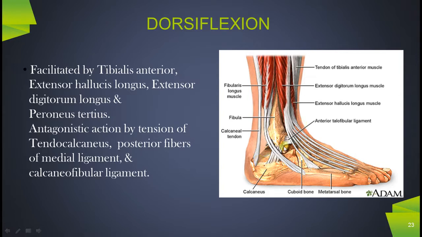The posterior fibers of the deltoid ligament run from the medial malleolus to the medial tubercle of the talus. So when these two ligaments get tensed, and there is tension in the tendocalcaneus, that checks or prevents further dorsiflexion.